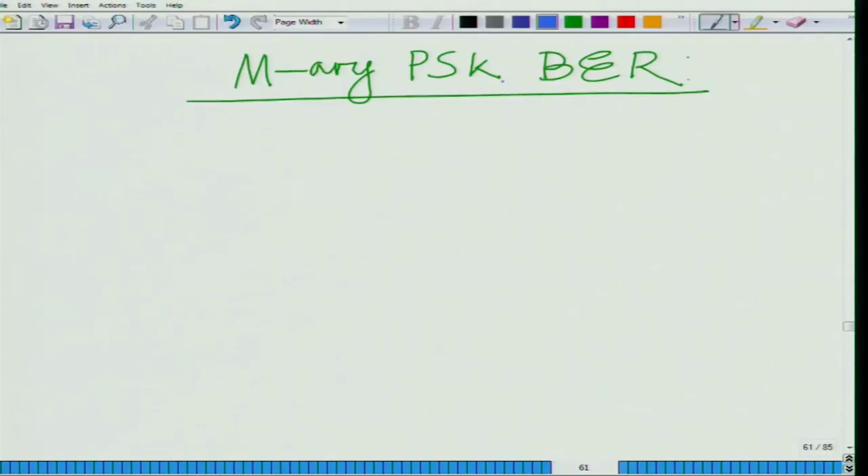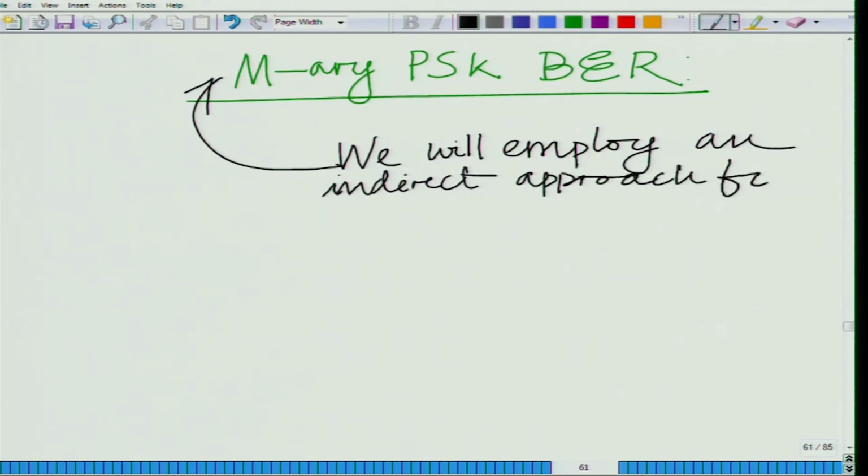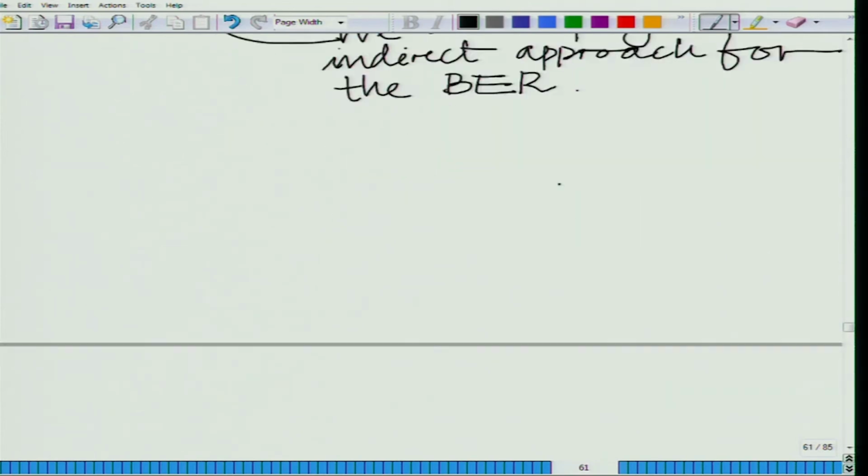So, we will employ an indirect approach to calculate the bit error rate. For instance, let us go back to QPSK to illustrate this.